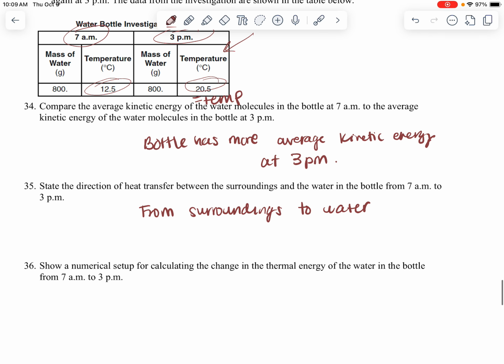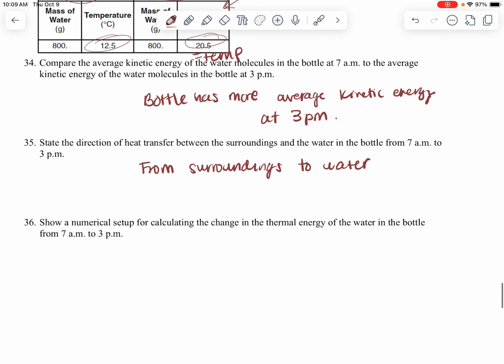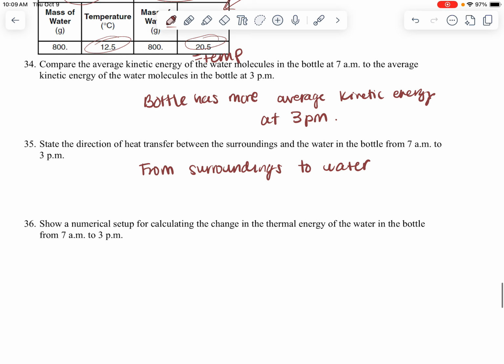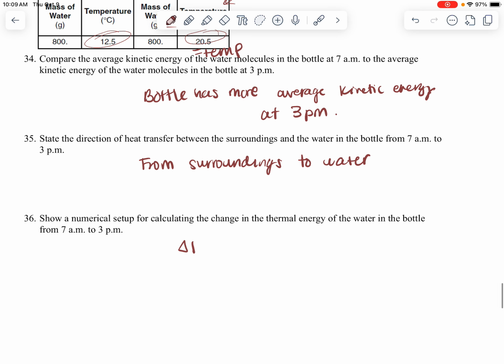Okay, thermal energy, numerical setup. Well, a few things. We know our delta T. Right, the bottle went from 12.5 to 20.5. So final minus initial is 20.5 minus 12.5. You get that delta T equals 8. We know our mass is 800 grams.